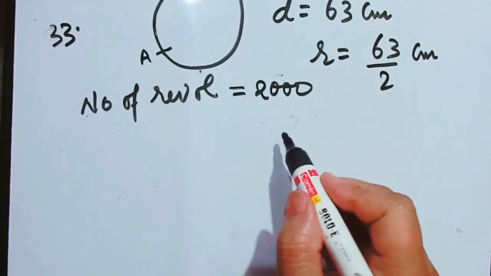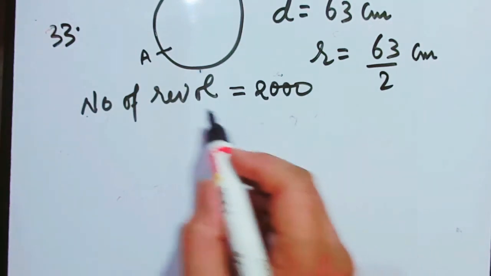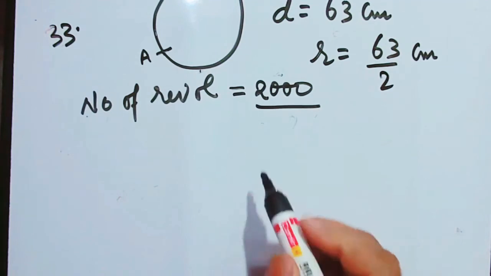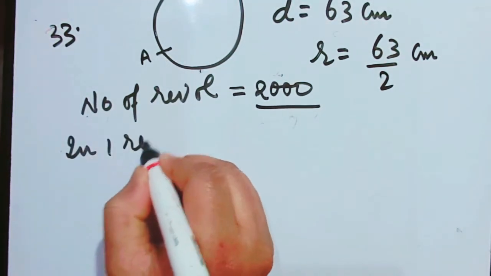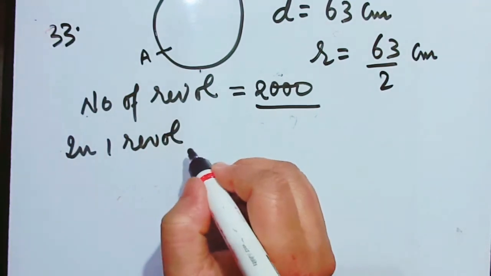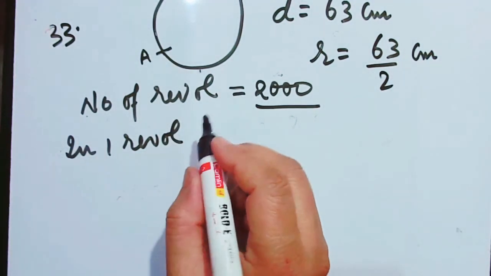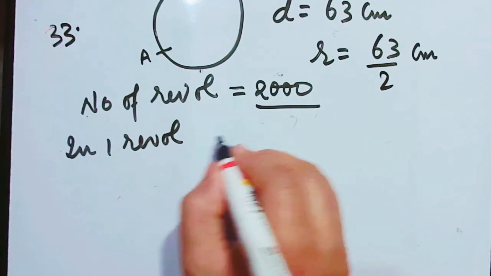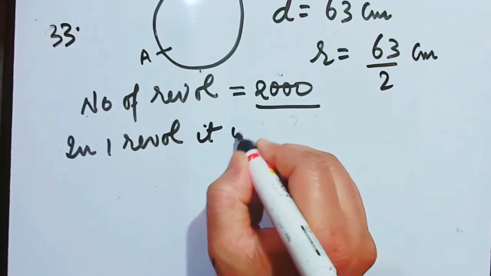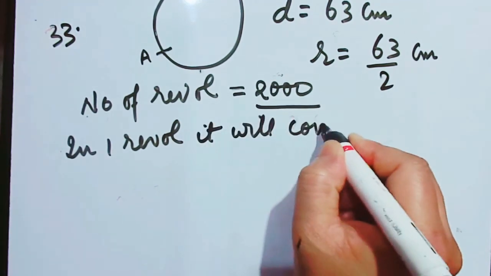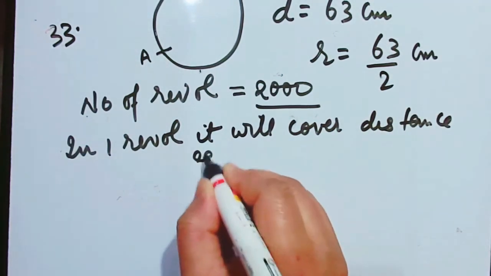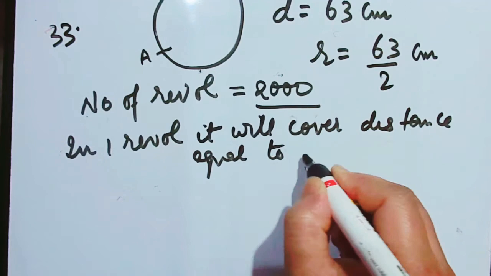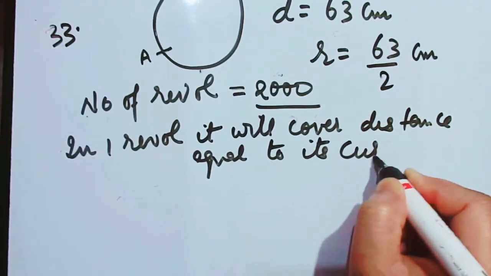Now they say that how much distance will it cover in 2000 revolution? So naturally in one revolution, how much distance will it cover? It will cover a distance equal to its circumference.